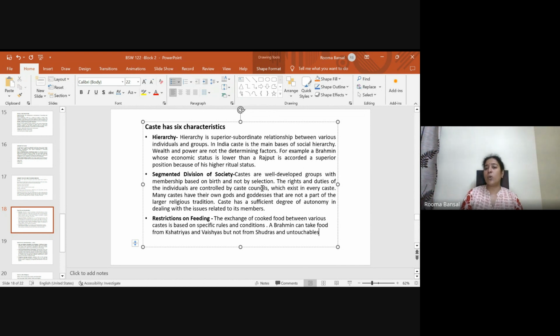Many castes have their own gods and goddesses that are not a part of a larger religious tradition. Caste has a sufficient degree of autonomy in dealing with issues related to its members. Here it means, suppose an individual belongs to the caste of Brahmin, meaning priest, then they have their own rights and duties controlled by the caste system. The way they have to behave is decided by their caste council.